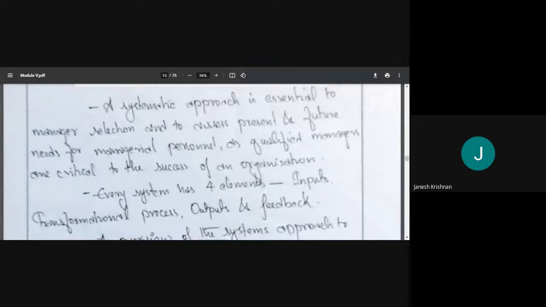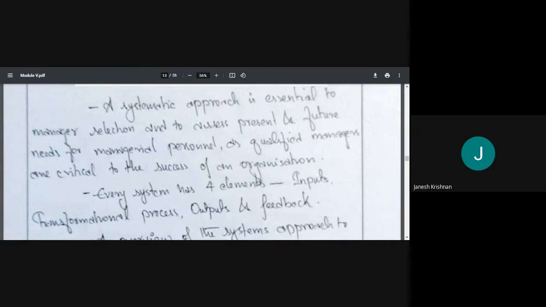We might have good organizational goals and good organizing, everything might be good, but if we choose the wrong person in a key position, whatever we have done will get spoiled. So selection is a very important aspect.